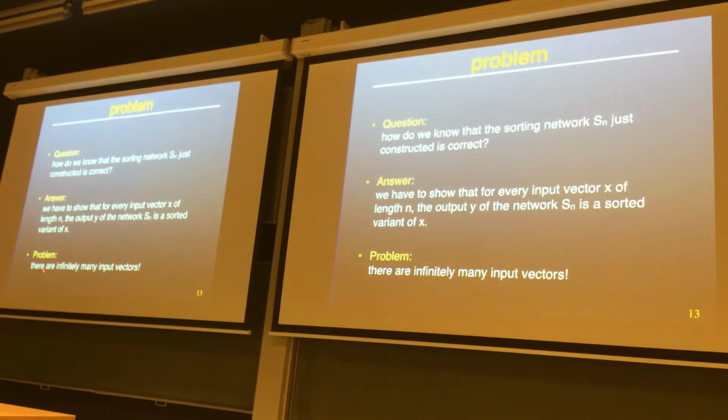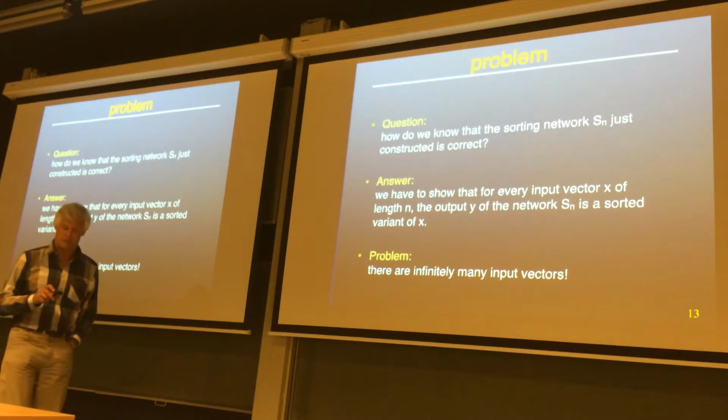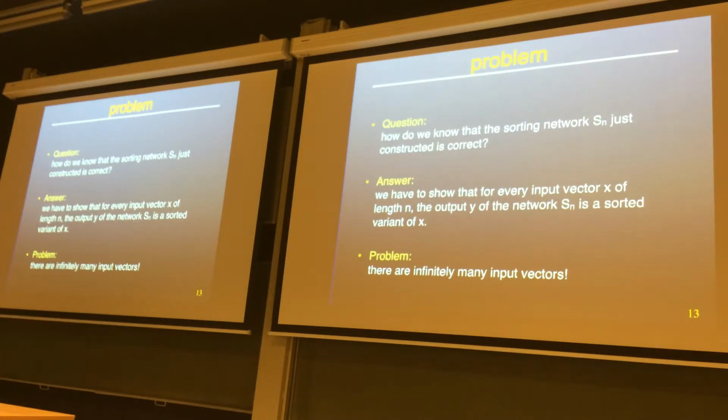But we have a major problem here. There are infinitely many of those input vectors, and we would have to check them each to prove our network to be correct. Well, a proof that is infinite is not a real proof. So you have to prove it in a finite way.